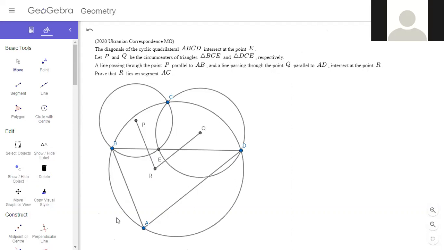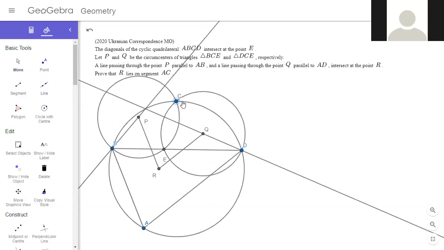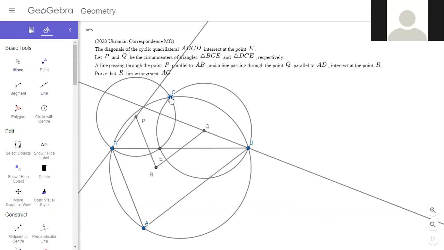That might be easier. If we can show that C is the center of homothety from PQR to... wait, that doesn't make much sense. Oh, you're saying we could try to find a homothety? So it looks like BP and CQ meet on the circle. So I wonder if that's relevant to the problem. I'm guessing that should just be an angle chase.